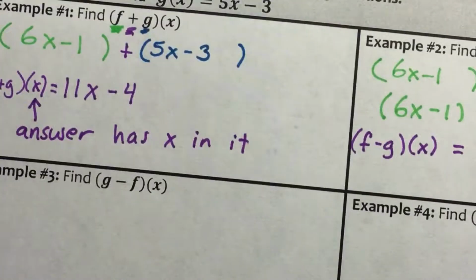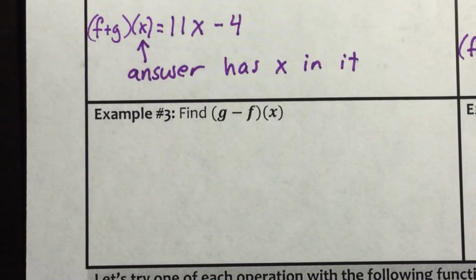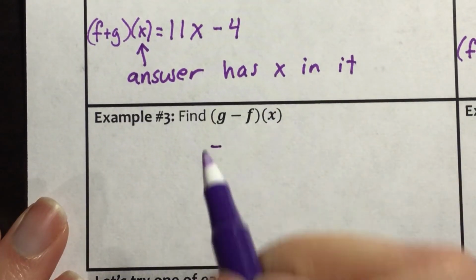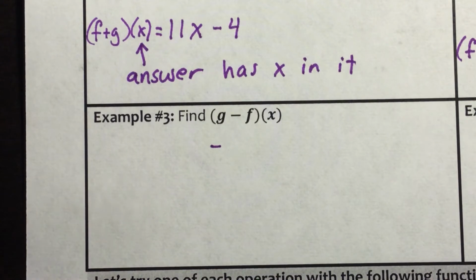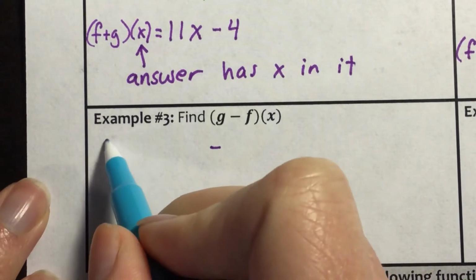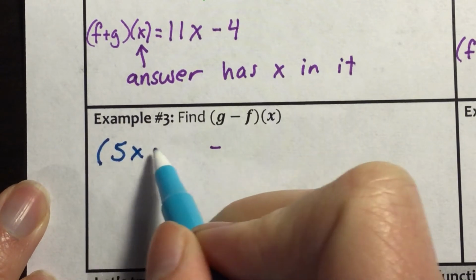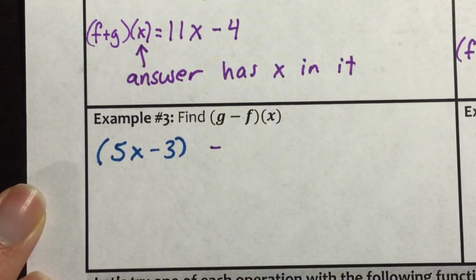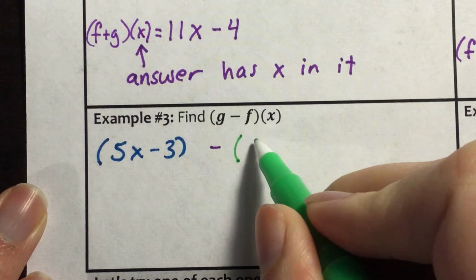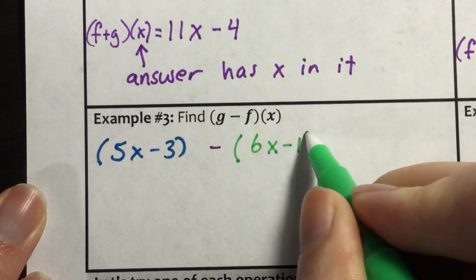Okay, example 3. This is backwards from the problem that we just did. We are subtracting still, but we have g first and f second. Okay, so our g of x function is 5x minus 3. F of x function was 6x minus 1.